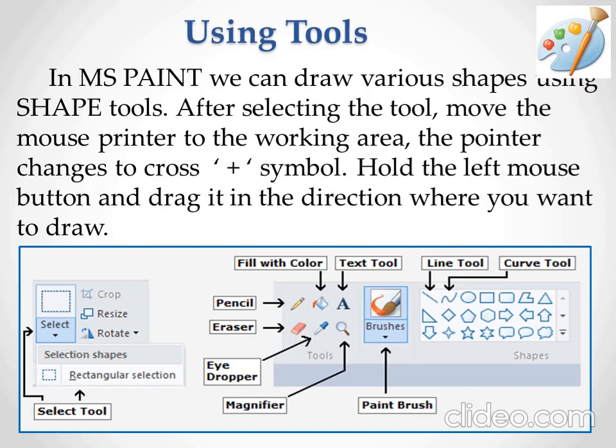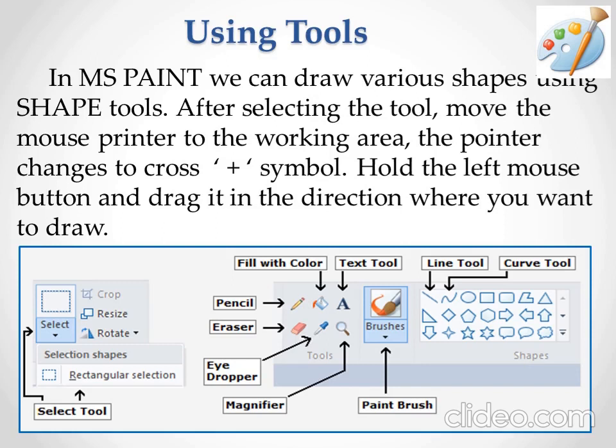Okay. So what can you do with these tools? We can draw many shapes with this tool. So how do we need to do it? After selecting any option from the tool options, we need to move the mouse cursor to the working area. A plus symbol will come.